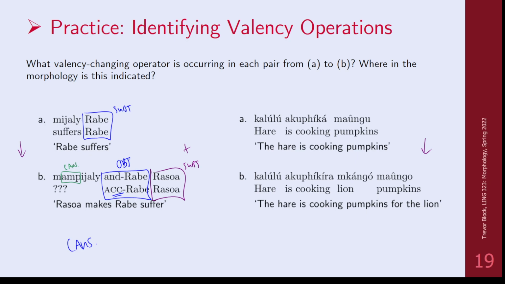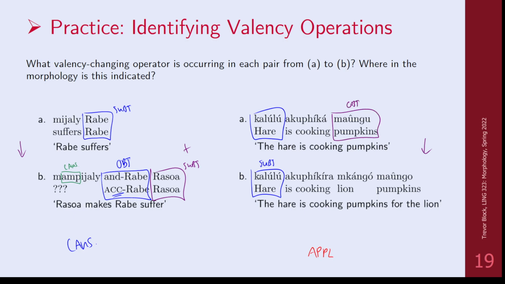On the right case, we have an applicative. So the hare is cooking pumpkins. The hare is cooking pumpkins for the lion. We're introducing a new argument. So the subject, hare, is in the same spot in both cases, which makes sense because the applicative is about adding a new object. Okay, so I see pumpkins in both sentences as well.